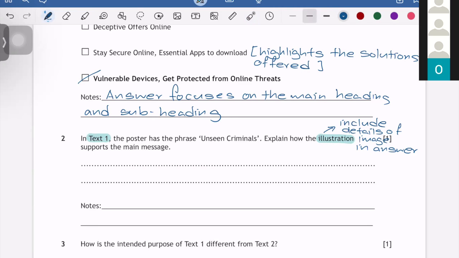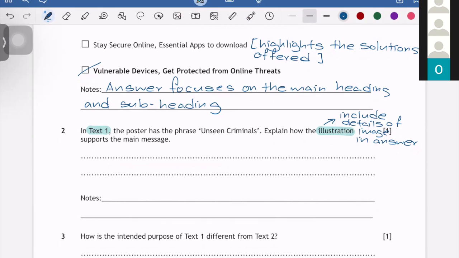Next is to explain how it supports the main message. So first part is to give me details of the illustration. What do you see?